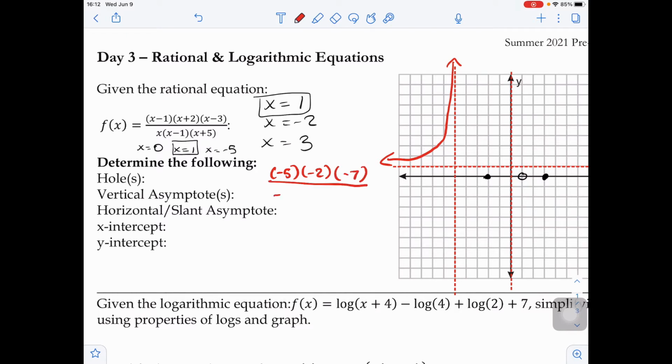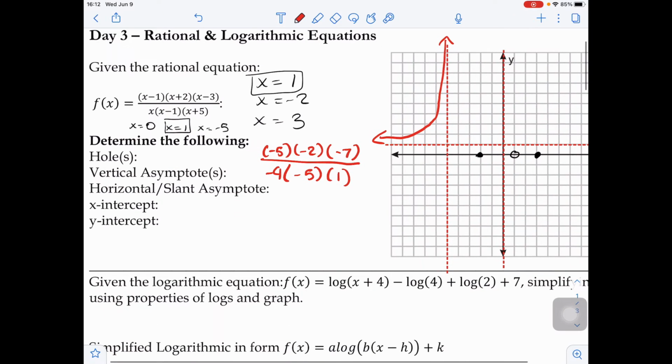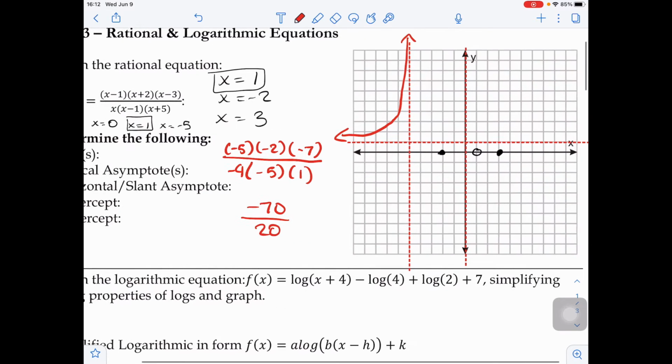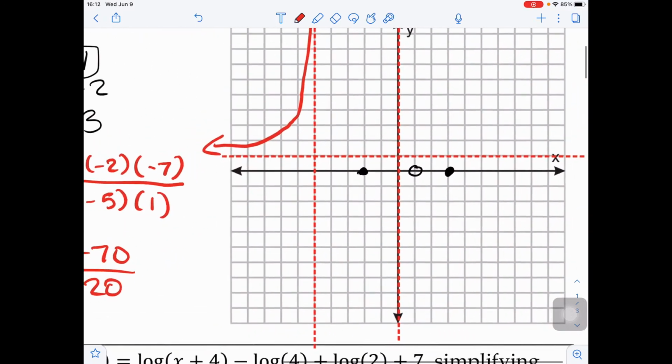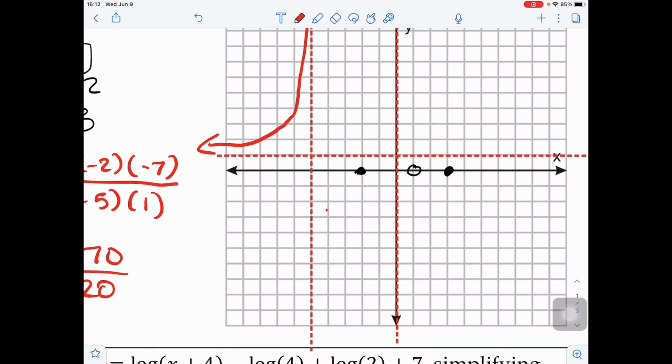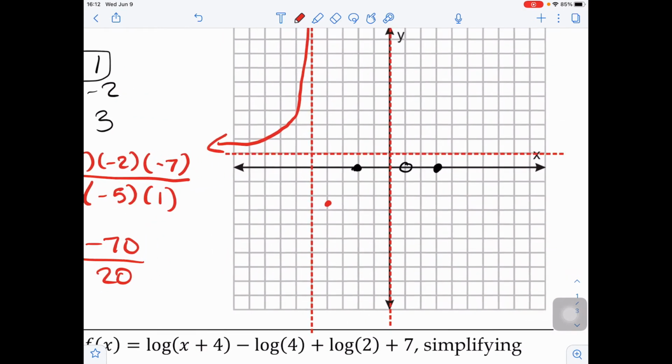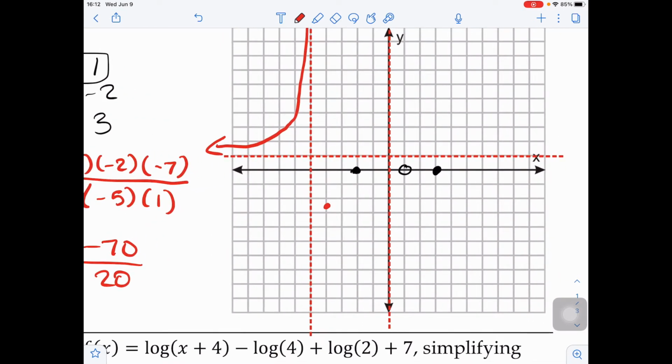And then on the bottom you would have -4 times -5 times 1. So that would be equal to 10 times -7 is -70. And then those bottom three multiplied together is equal to 20. -70 over 20 is -3.5. And that is roughly right here. So that would mean that this would be going up like this.